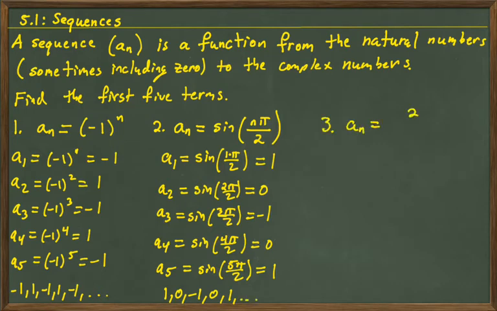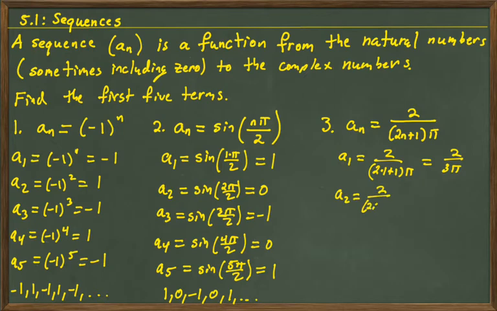Let's look at a sub n is equal to 2 over (2n plus 1) pi. So a sub 1 would be 2 over (2 times 1 plus 1) pi, or 2 over 3 pi. A sub 2 would be 2 times 2 plus 1 pi in the denominator, so 2 over 5 pi. A sub 3 would be 2 times 3 plus 1 pi, and that'd be 2 over 7 pi.